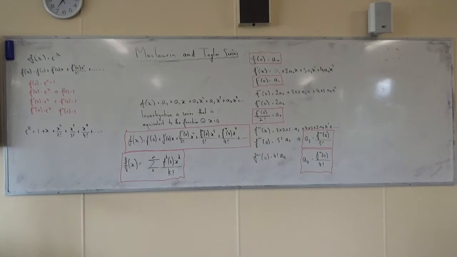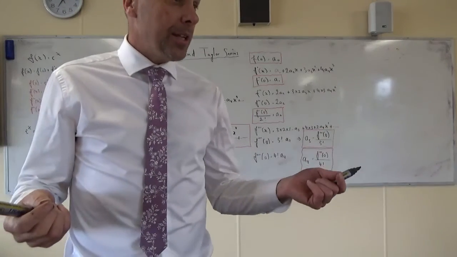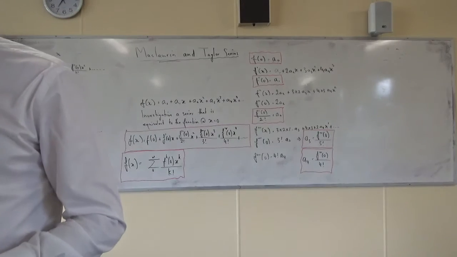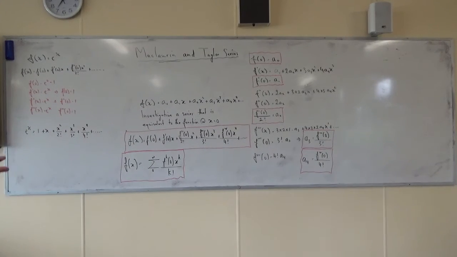Cool, isn't it? So, what is the number e? Well, there are many ways to get it. This is one way to get e, isn't it? I've just got to keep on adding terms. For instance, if I wanted to find out what e to the power of 1 is, what do I need to substitute for x here? 1.